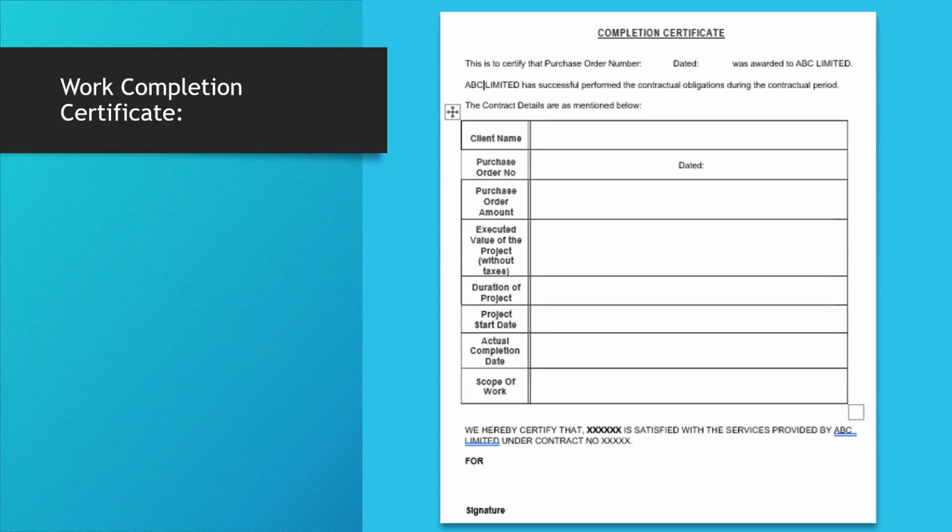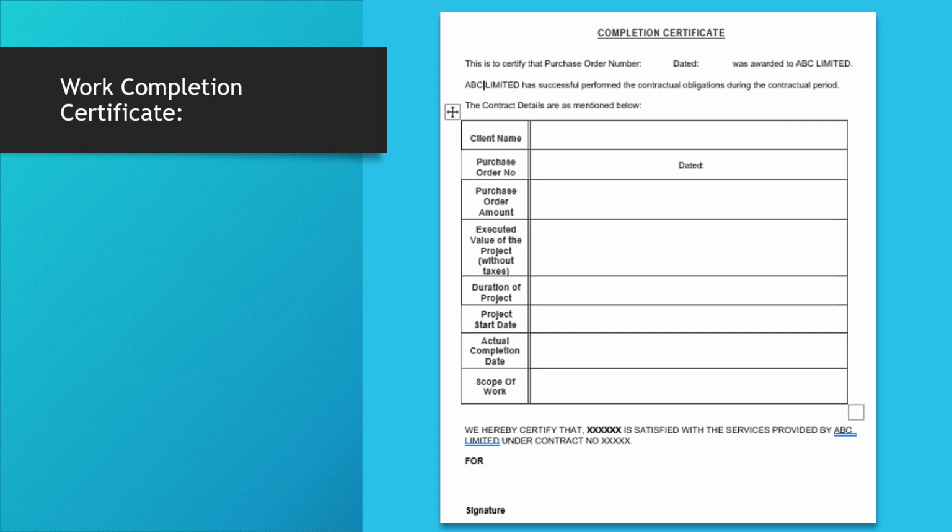The work completion certificate that I use, I treat this as an important document. Like when you complete a project, you have to take the certificate. If you are bidding a tender, you will know the importance of a completion certificate. Like submission of POs is not justified until you submit a completion certificate to fulfill your pre-qualification criteria.